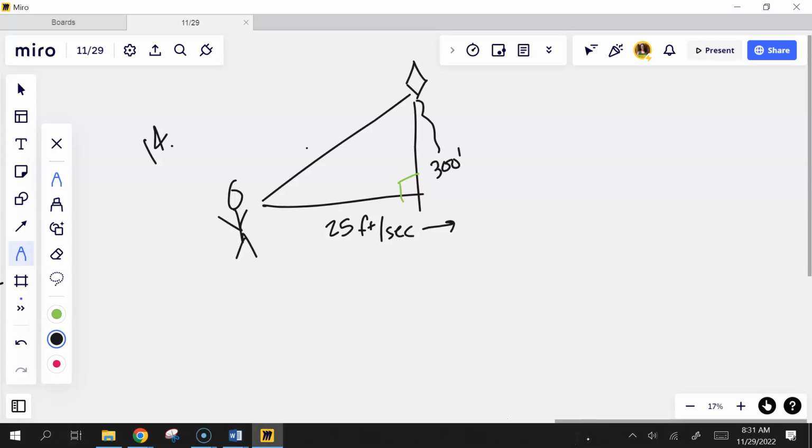So, I don't know. What do y'all want to call this string? We'll call it S. So we want to know when S is 500, what is the ds/dt?